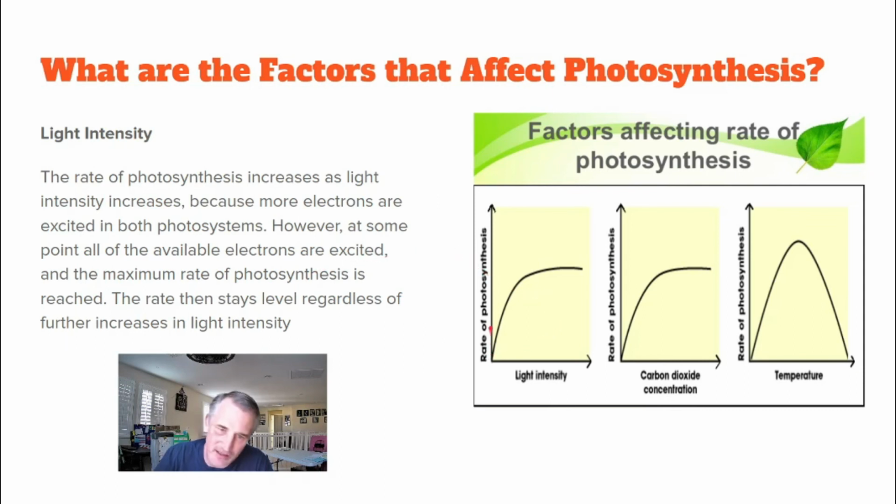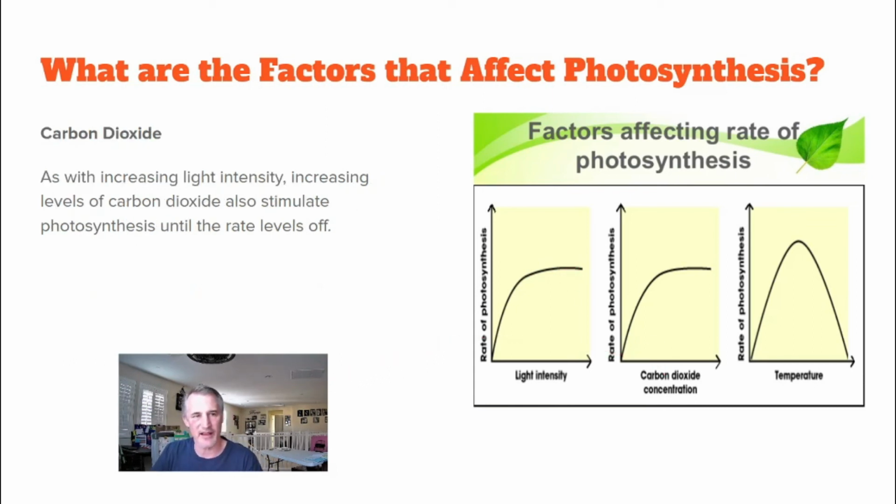So as light intensity increases, the rate of photosynthesis is going to increase. But once all the available electrons are excited, and there are no more to excite, no matter how much brighter or more intense the light could get, you'll see it starts to flatten out, okay? The same happens with carbon dioxide.